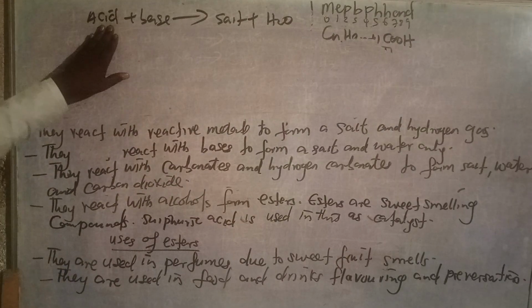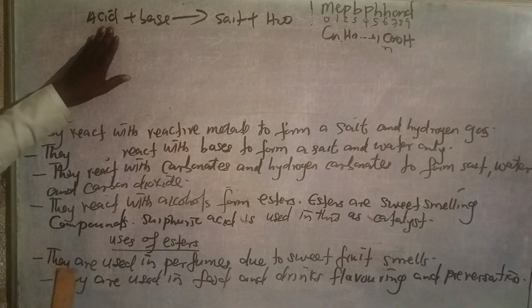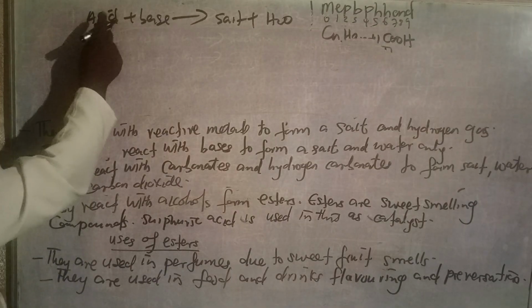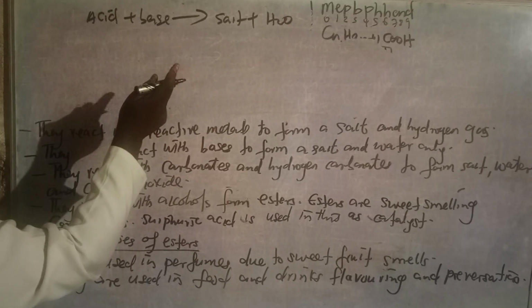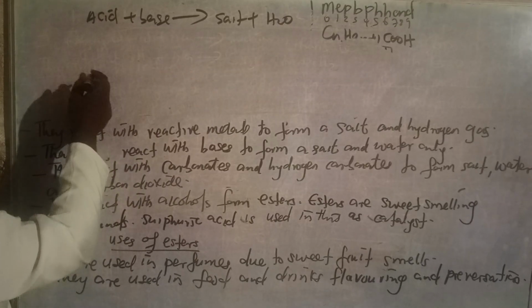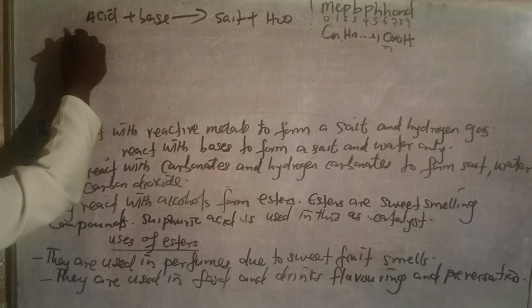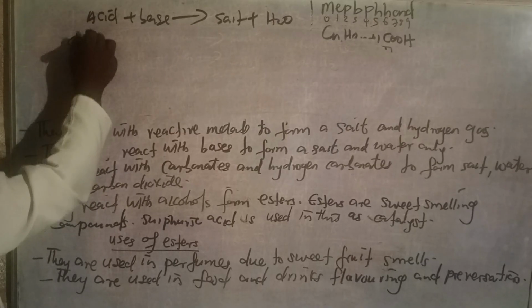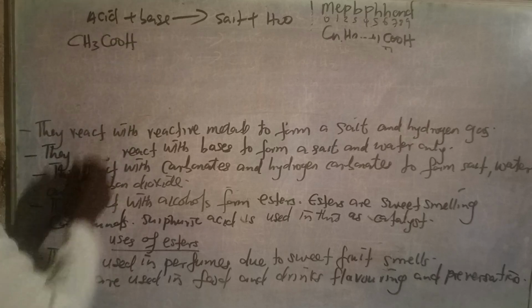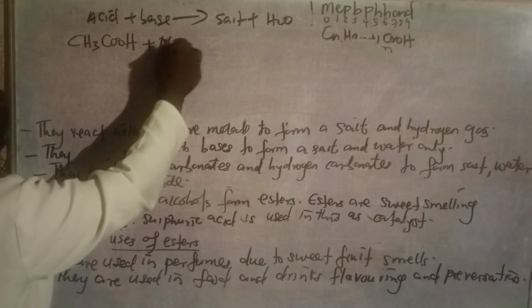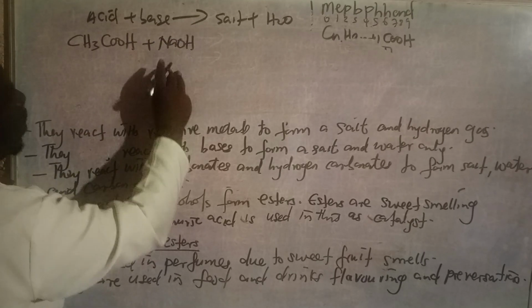So, example with base: you can get sodium hydroxide. For the acid, I'll pick the same acid, which is ethanoic acid, for ease of demonstration. Ethanoic acid is CH3COOH, all together.